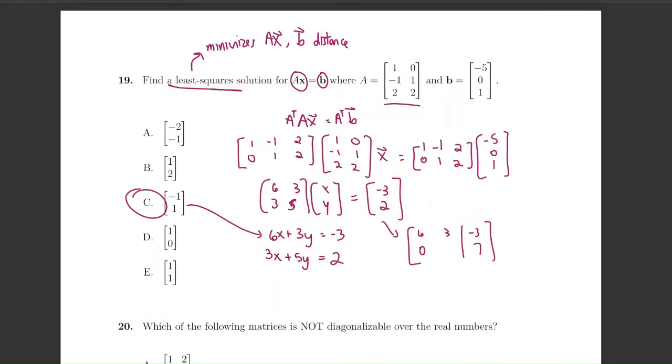So now it would just give you that this has to be 1. And then from there, 0, negative 3 minus 3 is negative 6. So then you would know that it has to be negative 1 and 1. So you could also row reduce, but if you're at a loss, just plugging in some answer choices and seeing which ones work is also fine. So the answer is C.